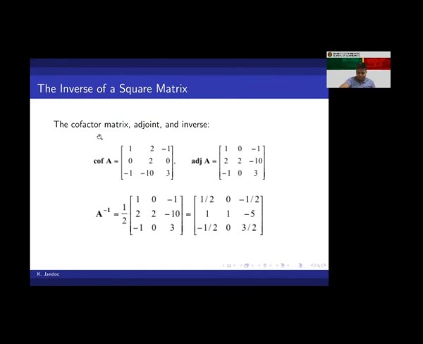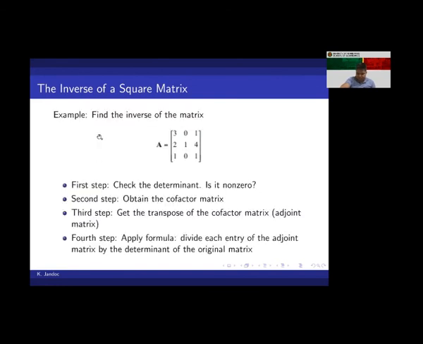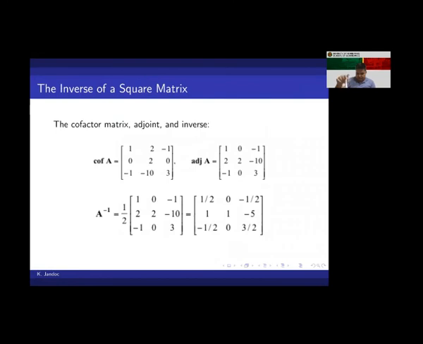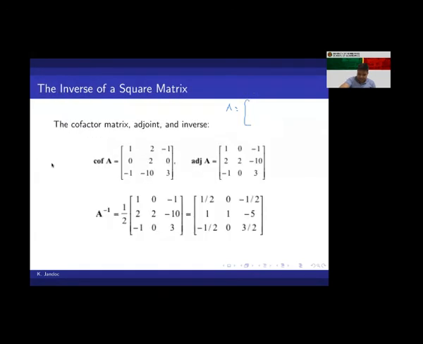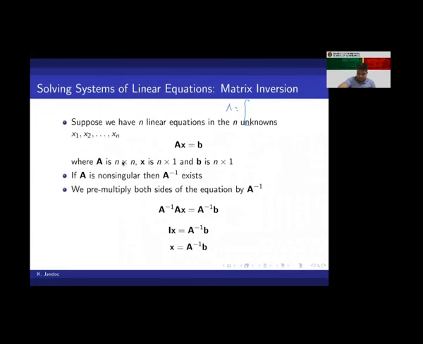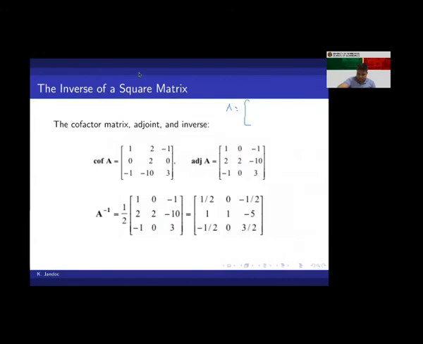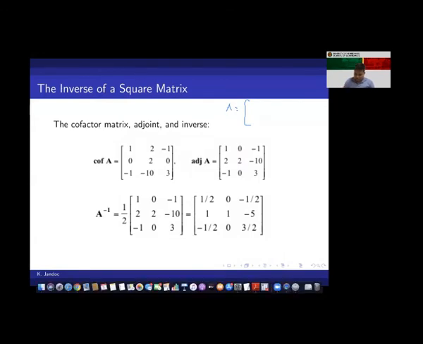Now, how can you make sure that this is the actual inverse? A is, again, 3, 0, 1, 2, 1, 4, 1, 0, 1.